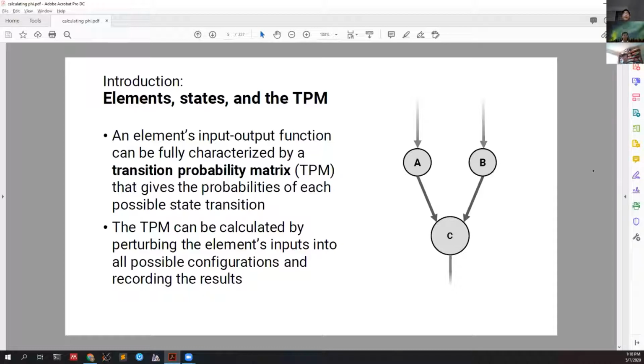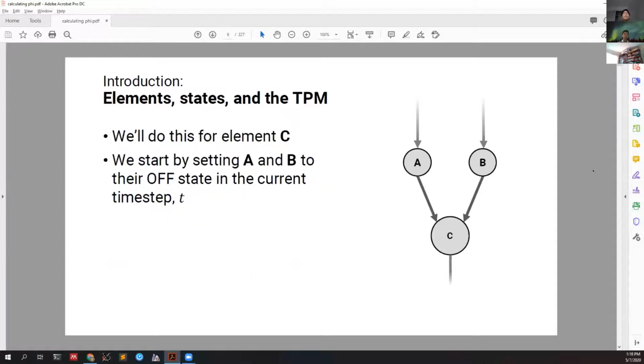I will explain how we can compute TPM with a single element example. Say, in this case, let's focus on element C, receiving two inputs from A and B. So what we need to do is first perturb the system, or element in this case, and then record the results.